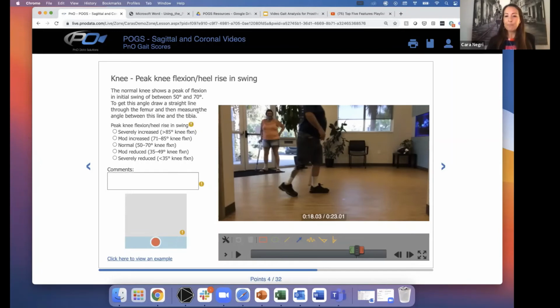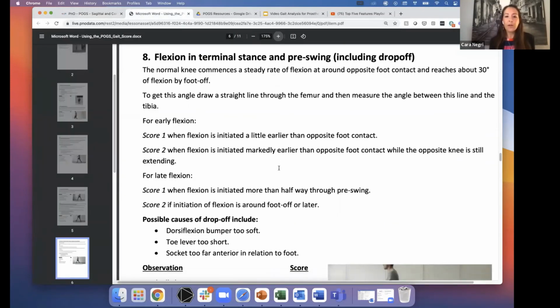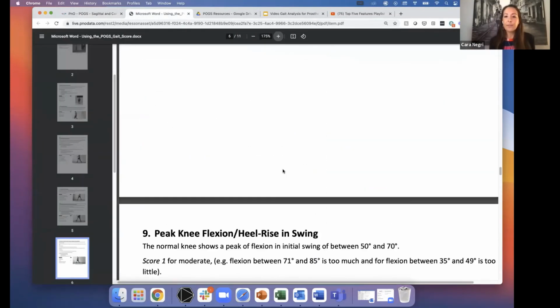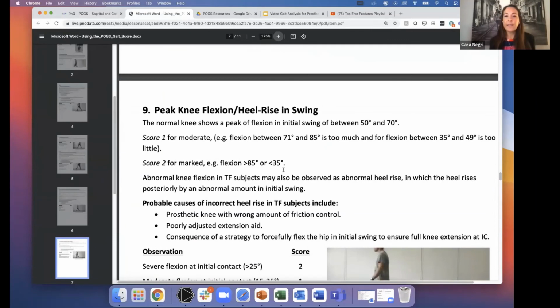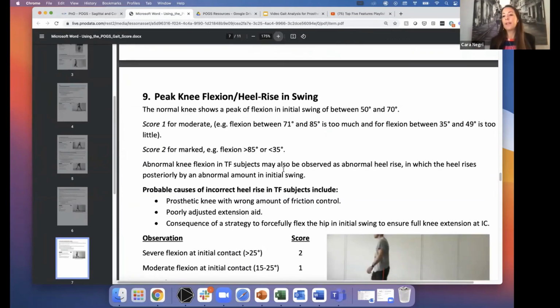So now we're looking at peak knee flexion or heel rise in swing. This is one that we often see when people come in with their components not necessarily tweaked or fine-tuned to where they should be. So we do want to see that initial swing flexion between 50 and 70 degrees.